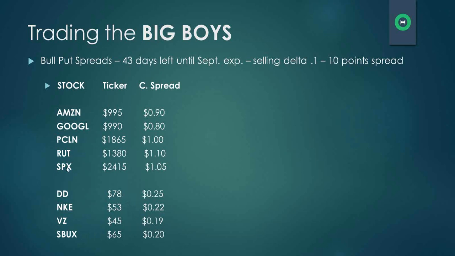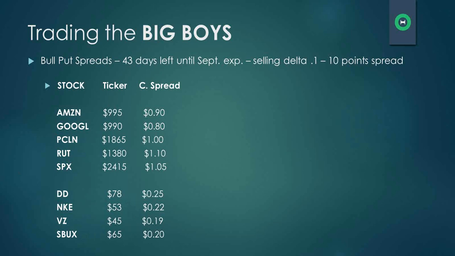Amazon, Google, Priceline, the Russell 2000 indices, and the Standard & Poor's 500 indices. So I hope I demystified credit spreads for you. The thing to remember is to make sure that you go out about a delta that you're comfortable with as far as your risk tolerance.